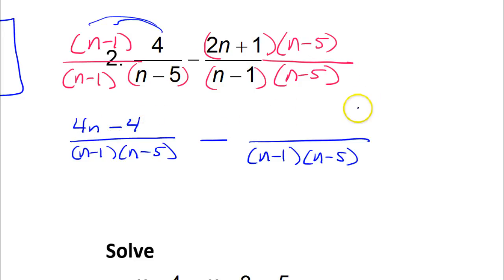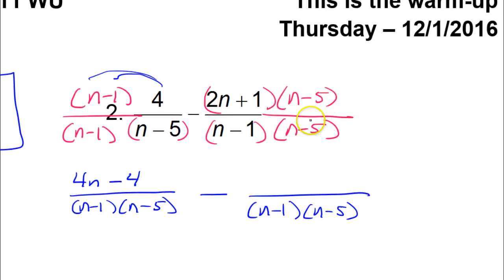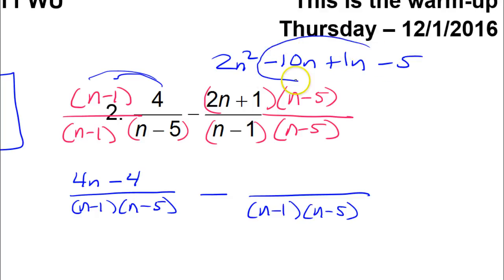Now here I need to double distribute. So 2n times n is 2n squared. 2n times negative 5 is negative 10n. 1 times n is 1n, and 1 times negative 5 is negative 5. Combining these like terms, I have 2n squared minus 9n minus 5.